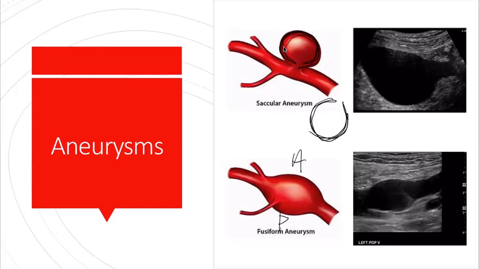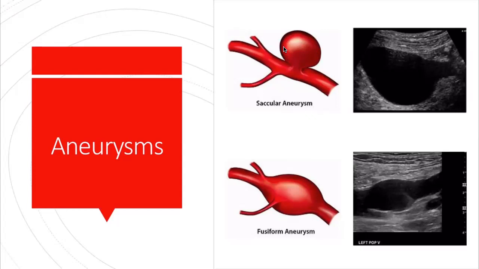If both walls are bulging outwards, it's fusiform. If it's one wall only, it looks like a little sac, so it's called saccular. Saccular is also known as berry, like a little berry on a tree. It says a fusiform aneurysm is an overall dilation, whereas a saccular aneurysm is a protruding sac.